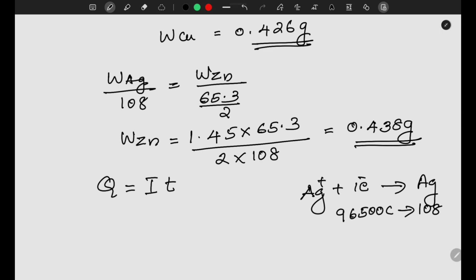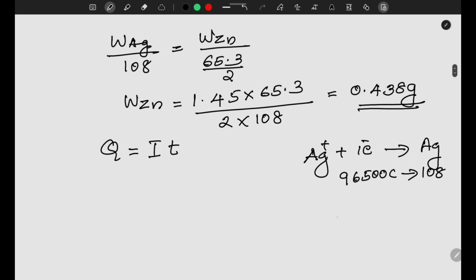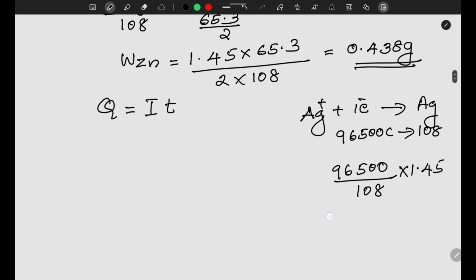Therefore, for getting 1.45 gram, we need 96,500 by 108 into 1.45. So when we simplify, we will get 1295.6 coulomb.